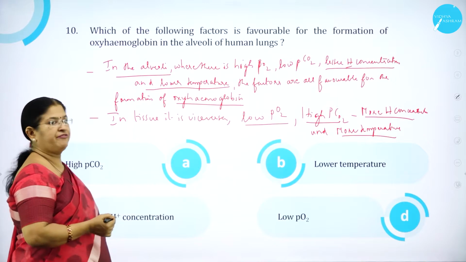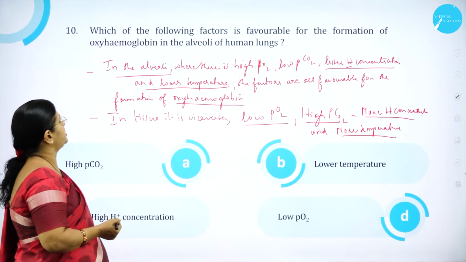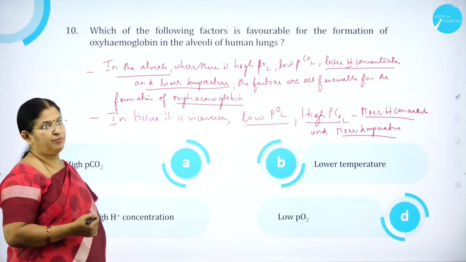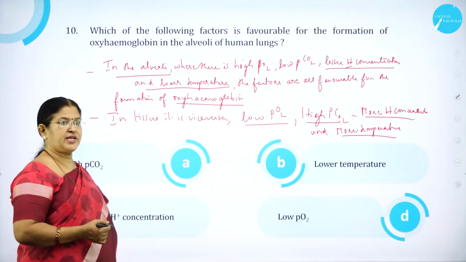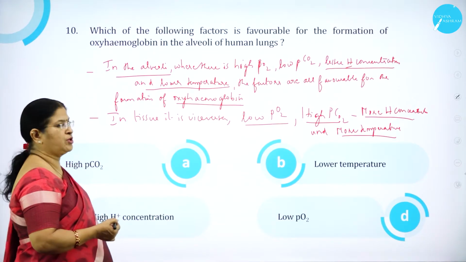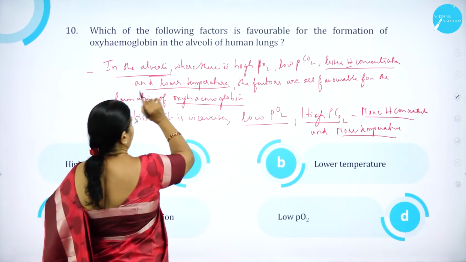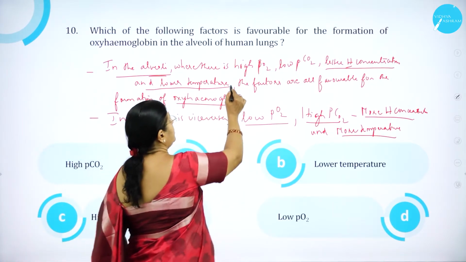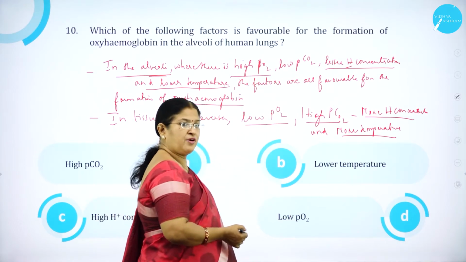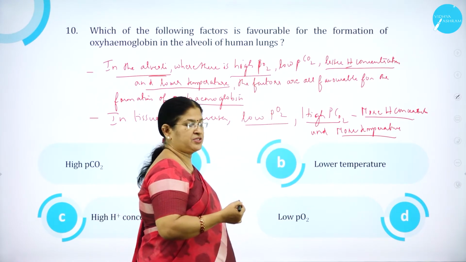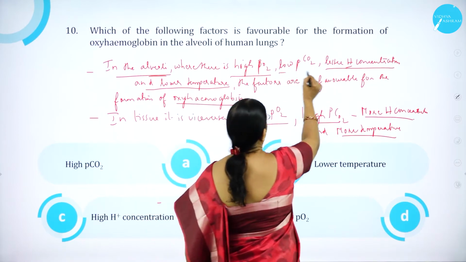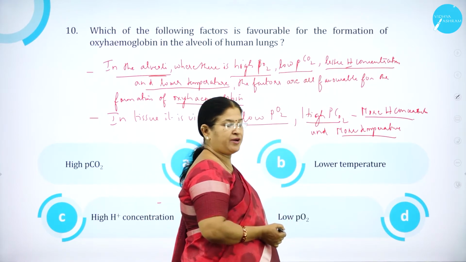Which of the following factors is favorable for the formation of oxyhemoglobin? All of you know hemoglobin which carries oxygen is called oxyhemoglobin in the alveoli of human lungs. In the alveoli there is high partial pressure of oxygen and low partial pressure of carbon dioxide.